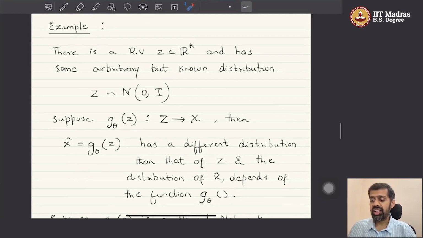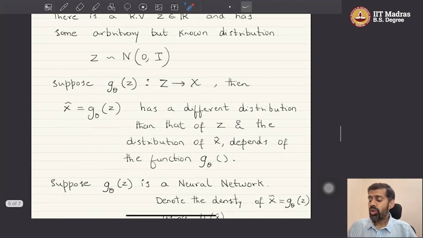We also looked at an example of a class of methods called push forward methods, where the idea is to start with an arbitrary random variable from which we know how to sample. A typical choice would be a normal distribution with zero mean and unit variance, and then represent your p theta as the distribution obtained from the output of a deterministic function g theta that would map the samples from the space of z, from which the random variable is sampled, to the space of data denoted by script x.